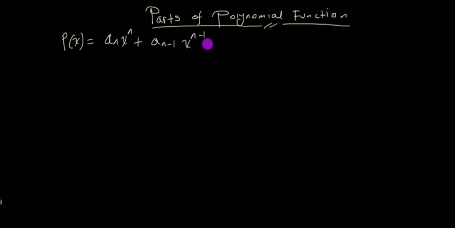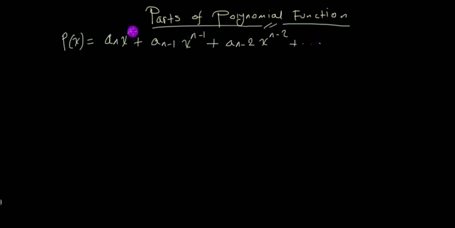This doesn't necessarily tell you that the leading coefficient is the same as the exponent of the polynomial function. Then a_(n-2) x to the power of n minus 2 plus, and this will continue.